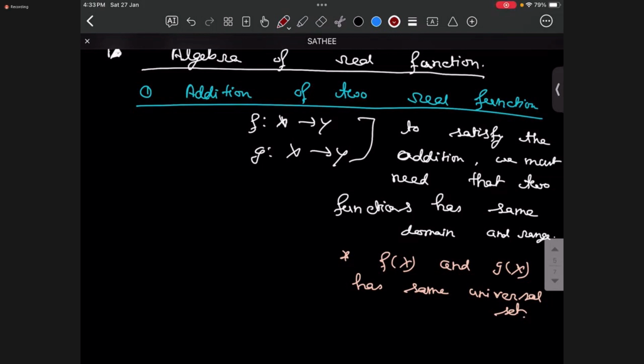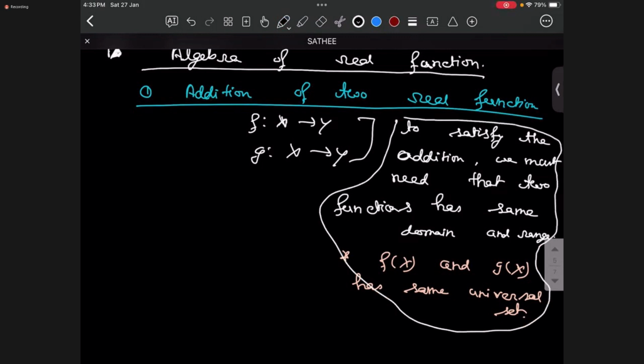So how can we define this addition of two real functions? To avoid confusion, the addition is another function, defined as f plus g.